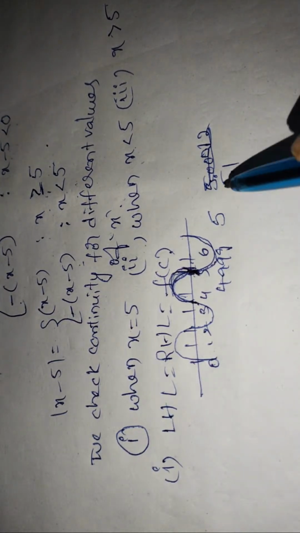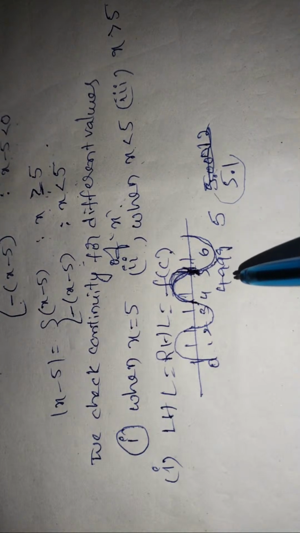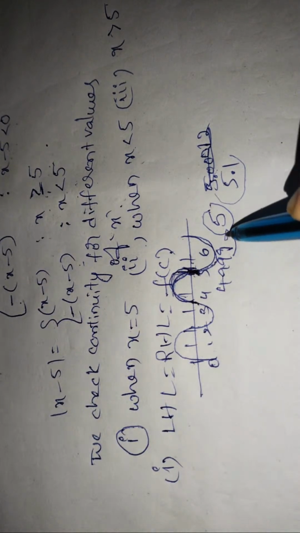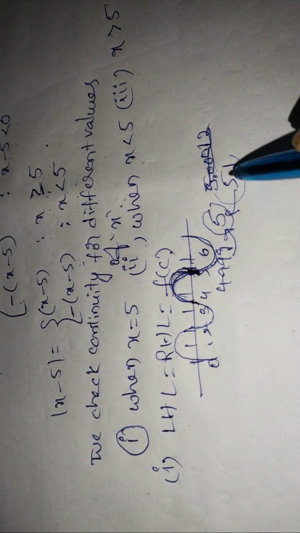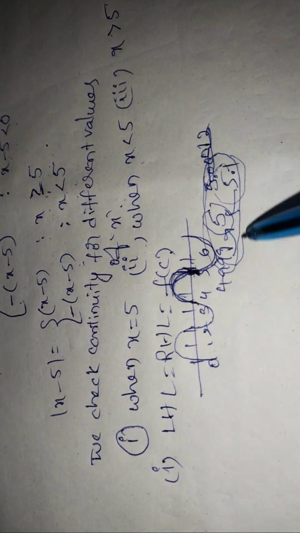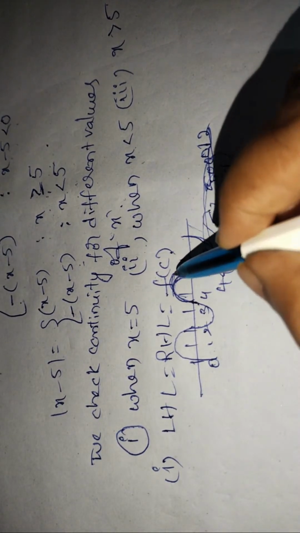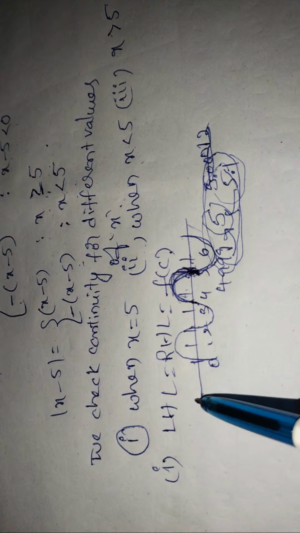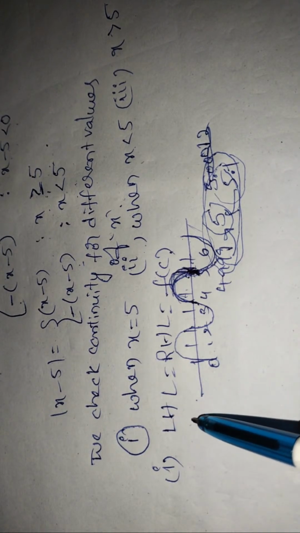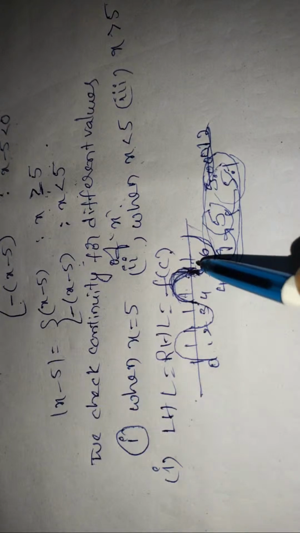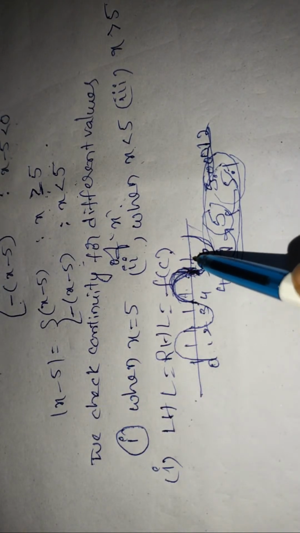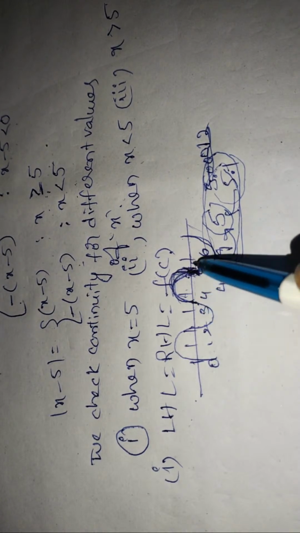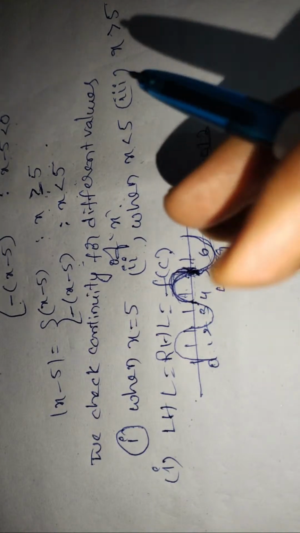When 5.1 is there and 4.9999 is there, this value is approximately 5 and this value is approximately 5. That's why we take the limit before, the left hand limit, the limit after, the right hand limit, and the exact value at c. When all three are equal, then it is continuous.